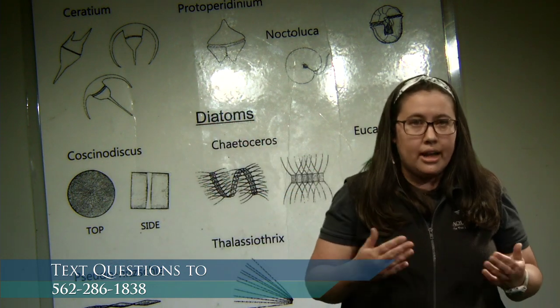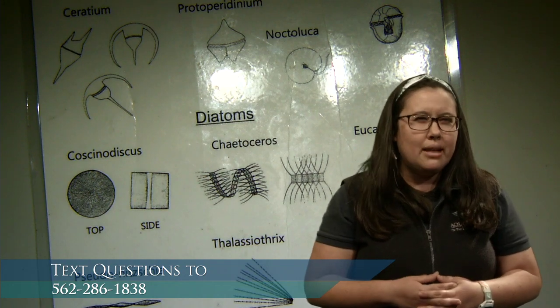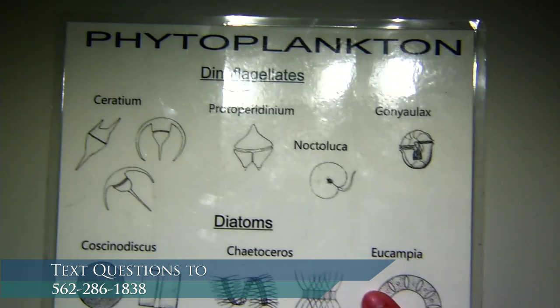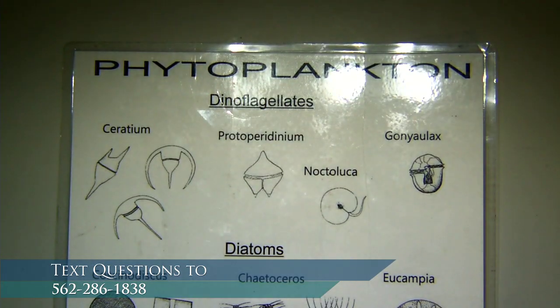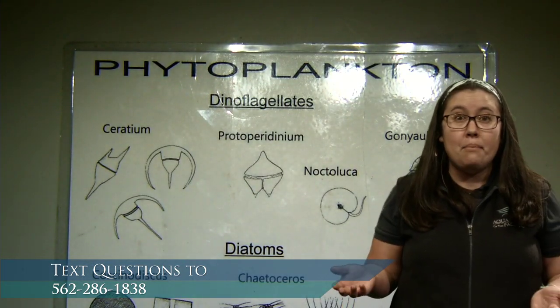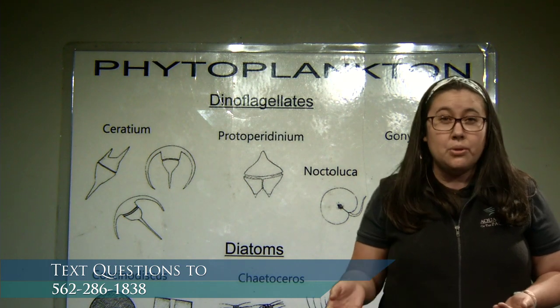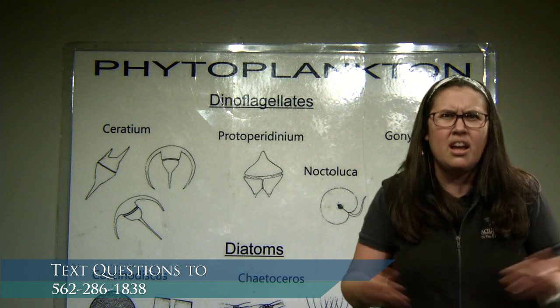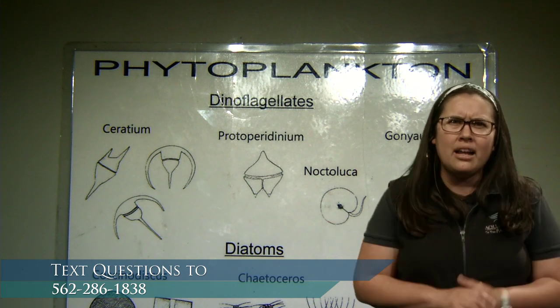Now, there are other animals that will eat them, but believe it or not, those dinoflagellates, pictured right here, even though many of them are producers, some of them are actually consumers. How can plants eat each other? Kind of weird, right?